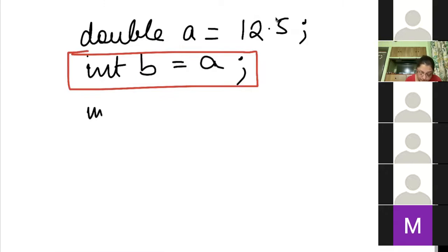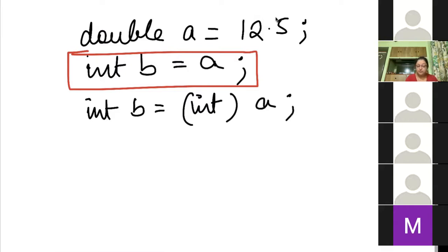So again, we will write this like this. I want to convert it into int. So int is the target type for A. Now what will happen? A has the value 12.5, but the moment we convert it into an integer, this integer cannot hold floating point values, the digits after the decimal point.